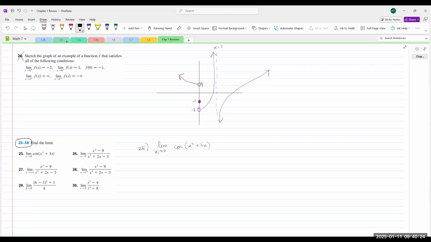The limit of a function equals the function of the limit. So this is cosine of the limit as x approaches 0 of x cubed plus 3x. The domain of a polynomial is all real numbers, therefore it's continuous everywhere, so we can just plug that in.